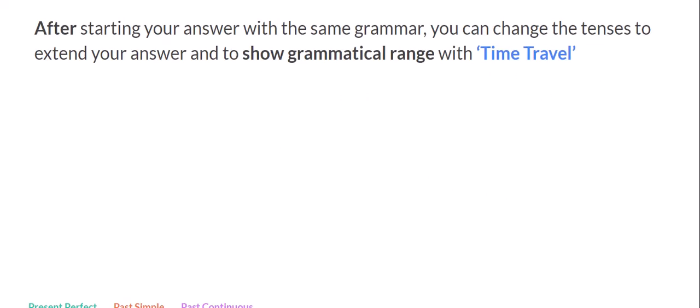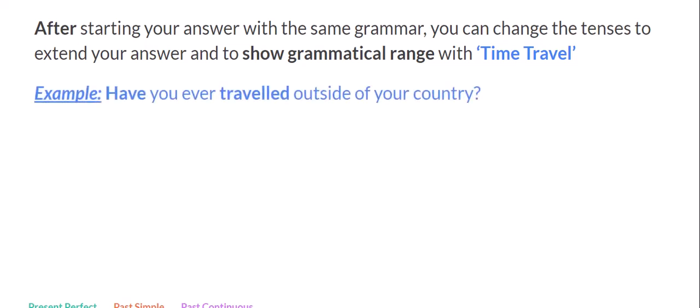What I mean is when you are describing something that happened at a different point in time. So here is an example. I'm going to show you an example. In this question we have: have you ever traveled outside of your country? So here we have the present perfect.